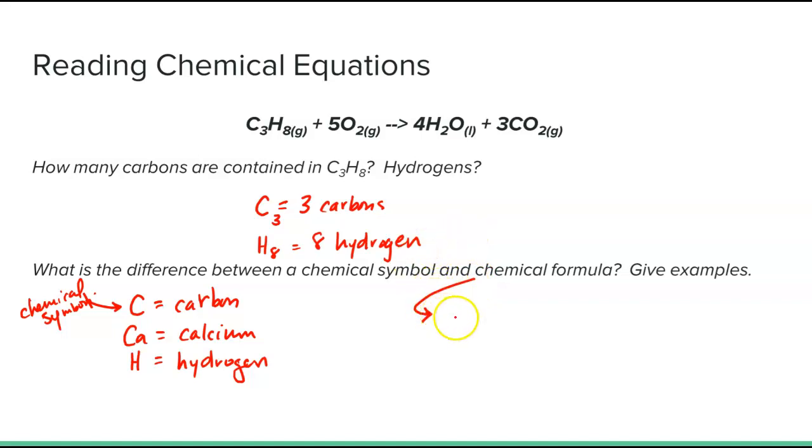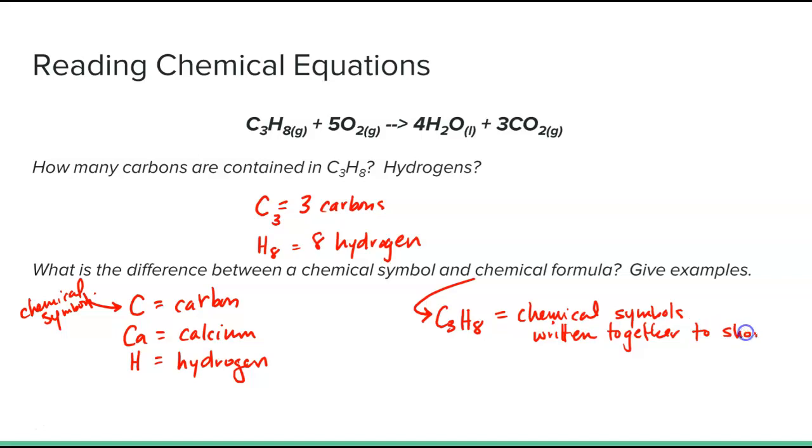So, for example, C3H8 is chemical symbols written together to show bonding.